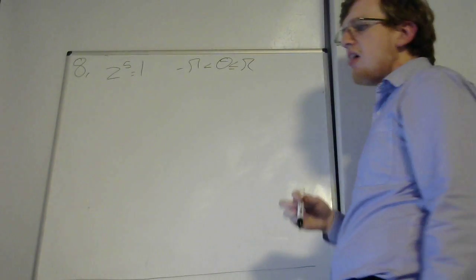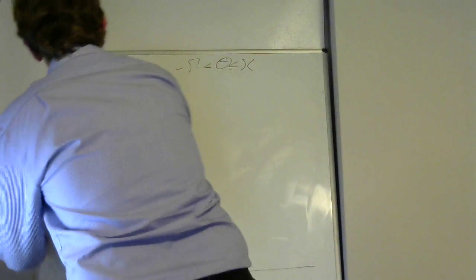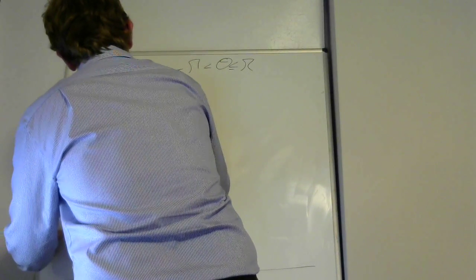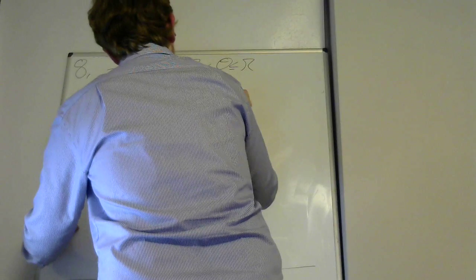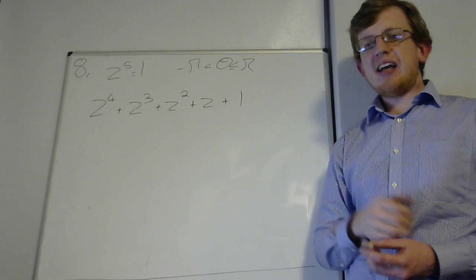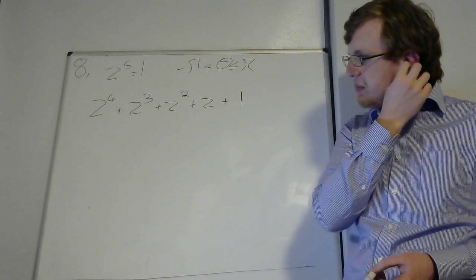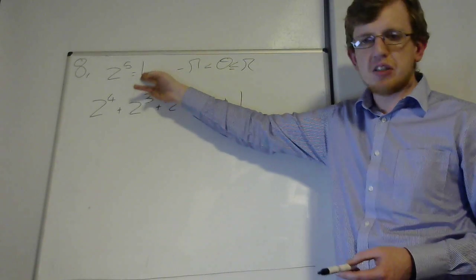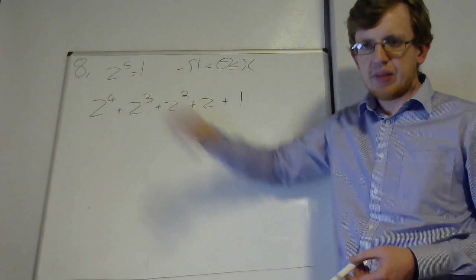Okay. Now the next question asked us to find 4 linear factors of z to the 4 plus z to the 3 plus z to the 2 plus z plus 1. But the big clue here is the word hence. This means that we're going to be using the roots, or something to do with part A here.